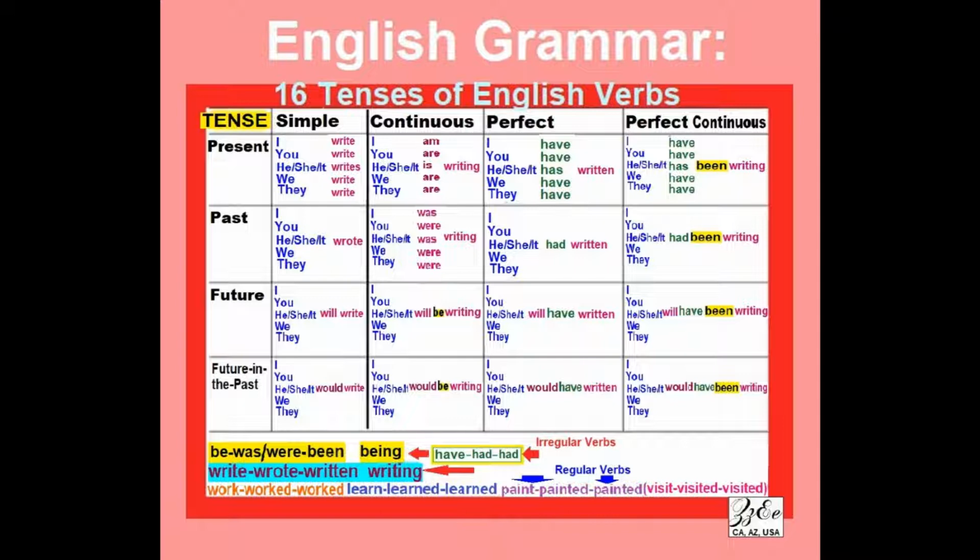Because it is a continuous tense, present perfect continuous tense, the action verb will be only in its continuous form, which we call ing form. Okay, one of the names, ing form. Okay, so we have these two for present perfect continuous, have and writing. But what happened? We have I have been writing, he has been writing.